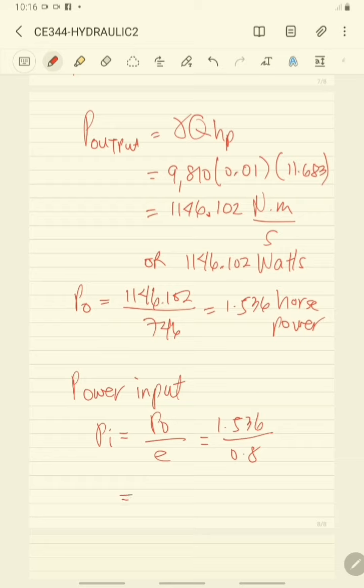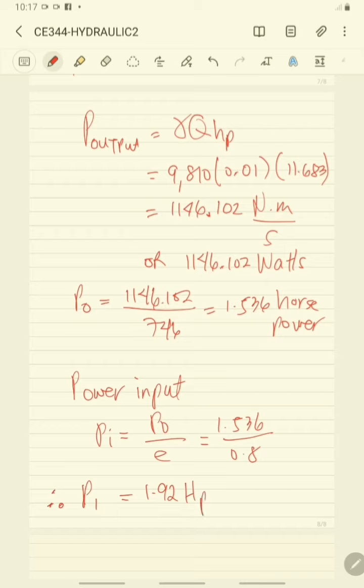So therefore, the power input, that is the power of the pump needed, is equal to 1.536 divided by 0.8, and that is 1.92 HP.